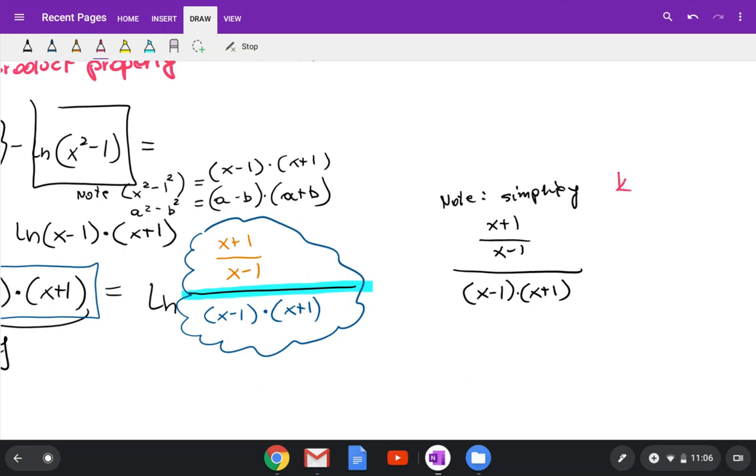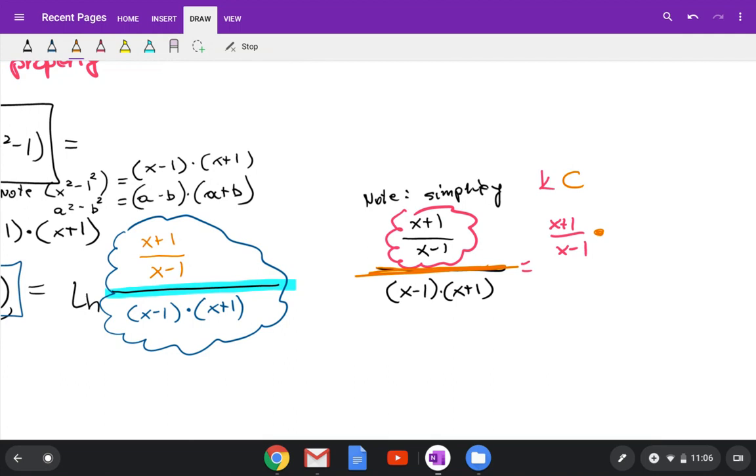Keep means keep the first one, so that will be (x plus 1) over (x minus 1). Change this division, because the major operation is division, to multiplication. And F stands for flip. So flip this over, which means the reciprocal will be 1 over (x minus 1) times (x plus 1).